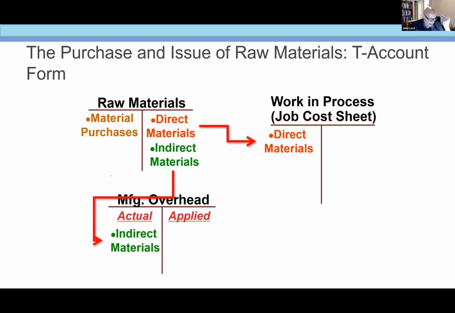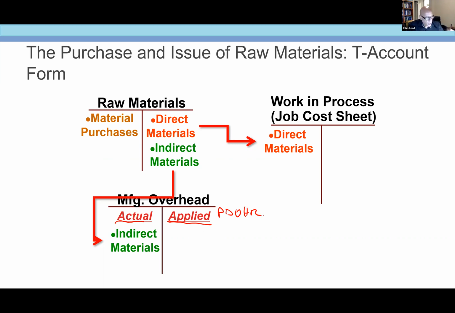So you put that into your manufacturing overhead account. Notice we've called our manufacturing overhead account the actual, which is what we actually incurred, versus the applied, which is the amount that we will apply to our work in process using the predetermined overhead rate that we've been talking about.